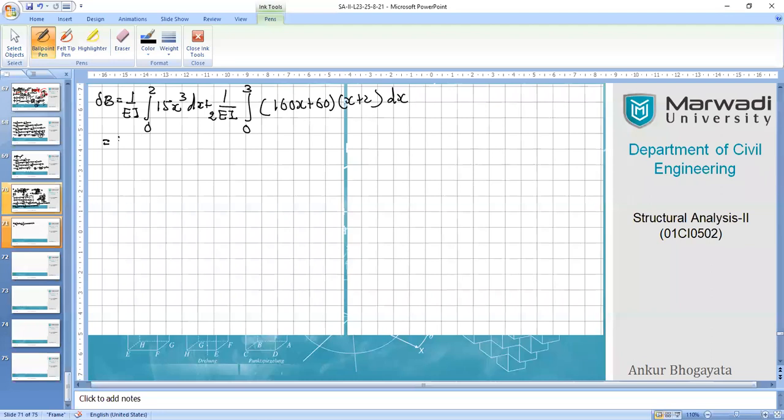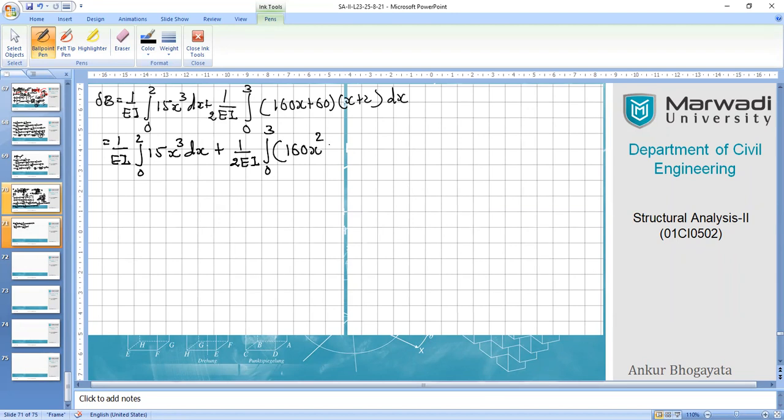Again, we'll wait for further expansion. As I said, I'm going very slow today because I want everyone to do this comfortably, especially those who are still facing challenges in the primary calculations, because everybody should get benefited.